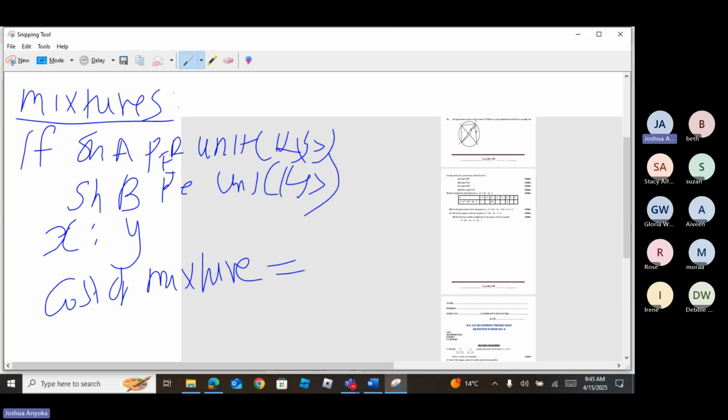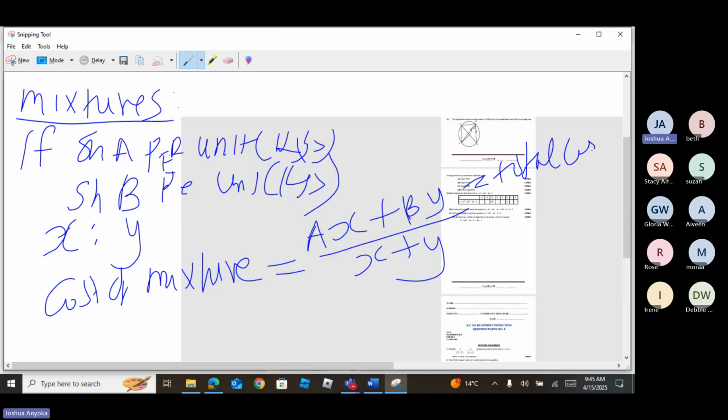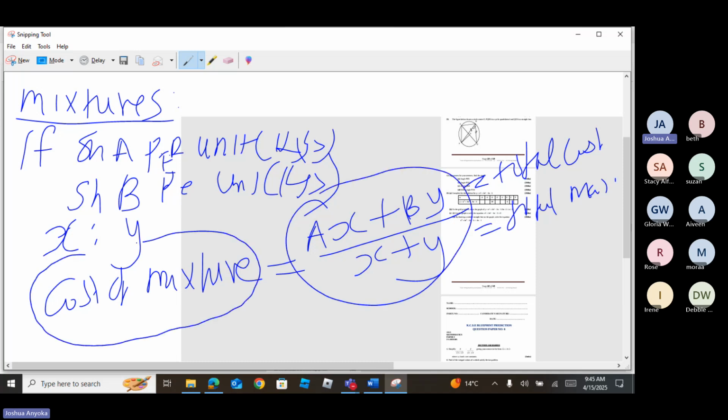So total cost is A times X plus B times Y over X plus Y, where this one is equivalent to total cost, and this one is equivalent to the total maybe mass or total number of units. So this formula is going to be very fundamental in our working.